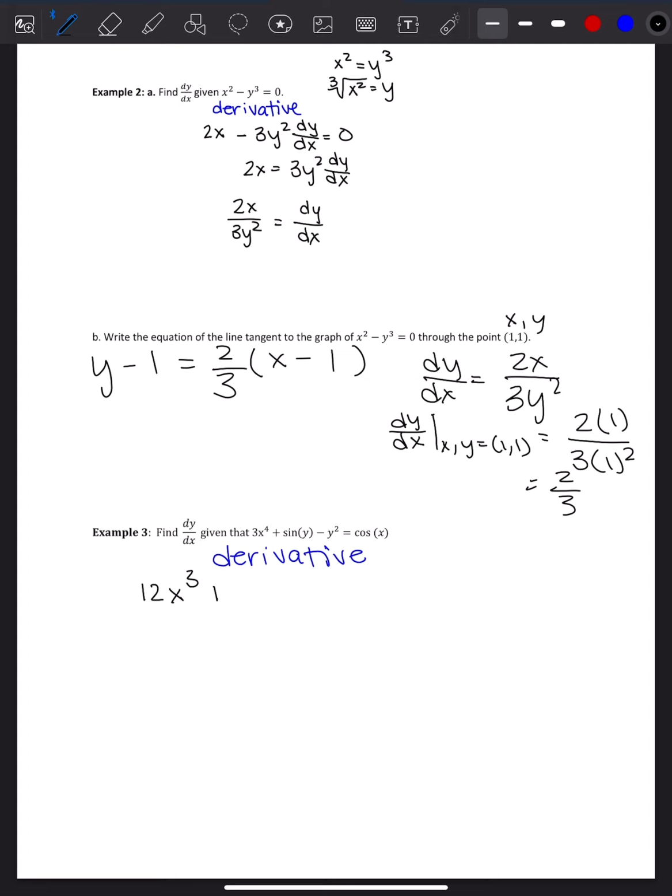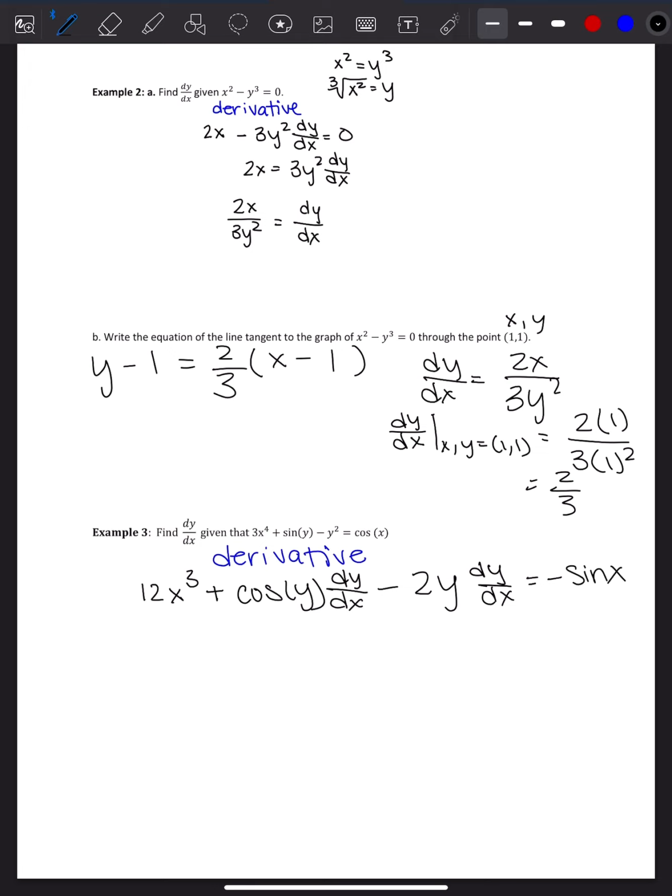The derivative of sine is cosine, and we keep the inside the same, times the derivative of the inside, minus the derivative of y squared, so 2y to the first times dy over dx, equals the derivative of cosine, so negative sine of x.